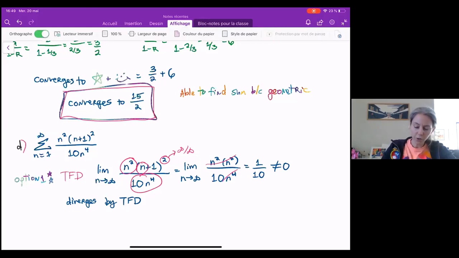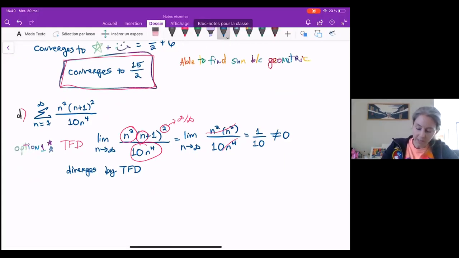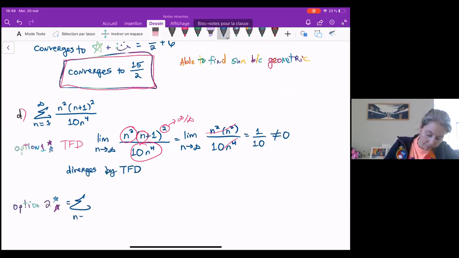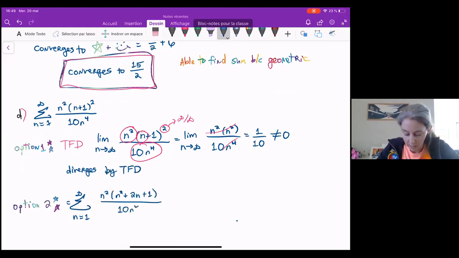Now, option 2 is to just see if maybe this actually is a p-series. So I'm going to expand the numerator like this.